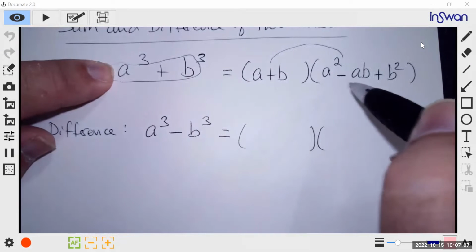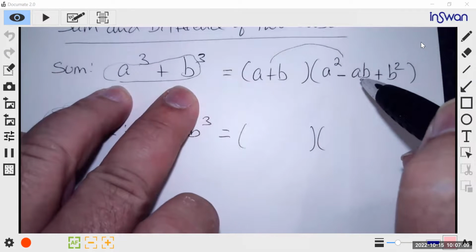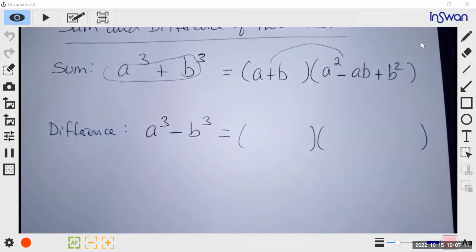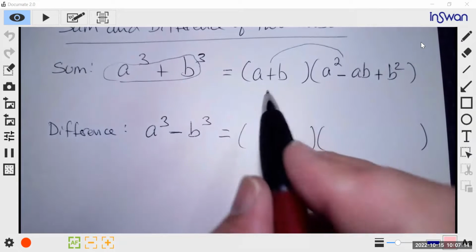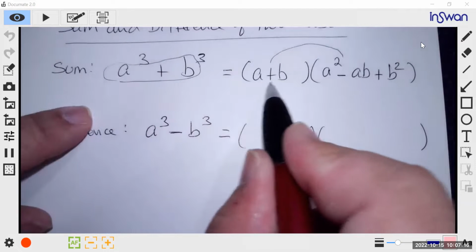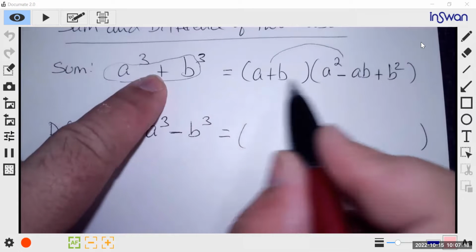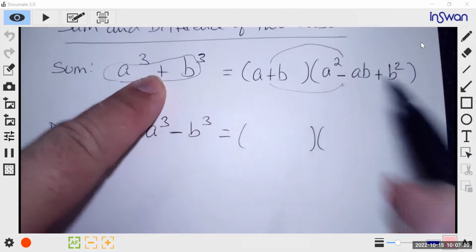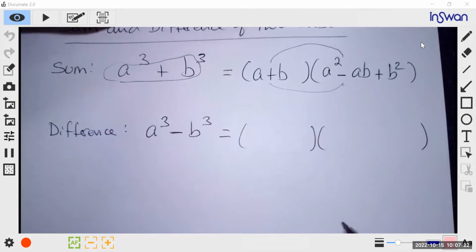It's the first one squared minus A times B plus B squared. So whatever the first sign is, it's under the cubes. The first sign here is opposite that one. So what goes in the second parenthesis?